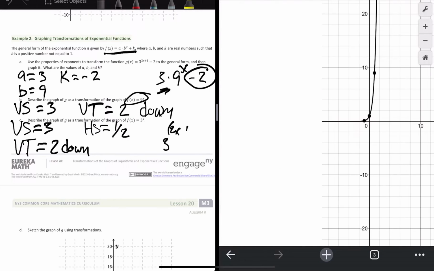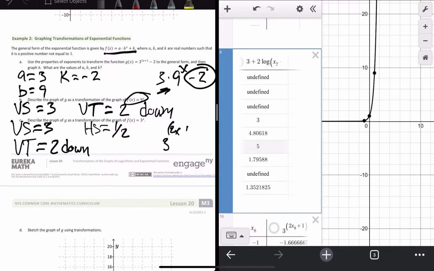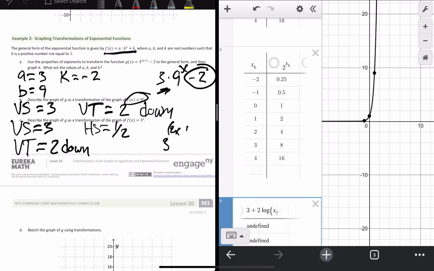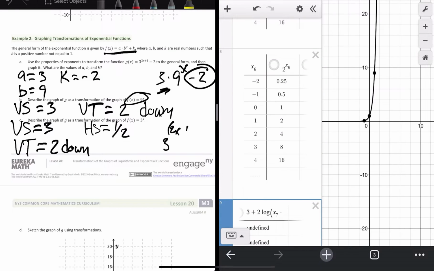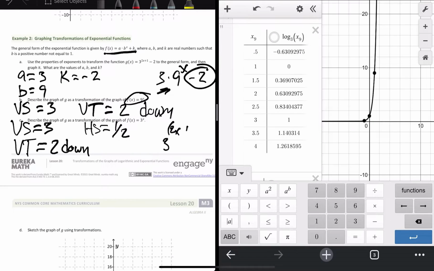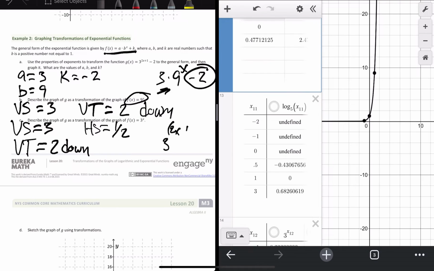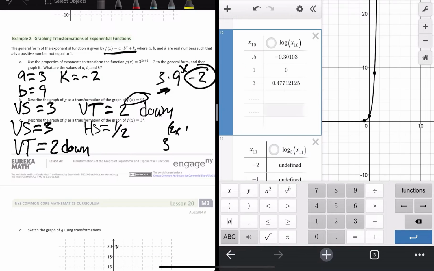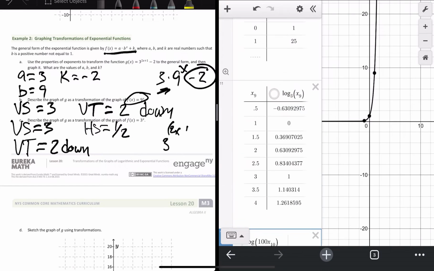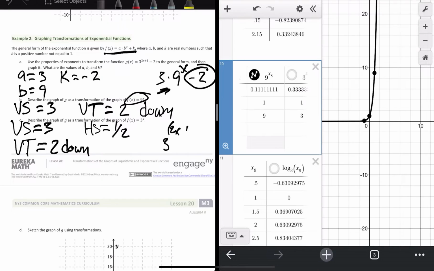And I actually think that's what the purple is here. Let me find that again. Where are we on this? That was on 9, wasn't it? No, that's log base 2. Oh, here we are.